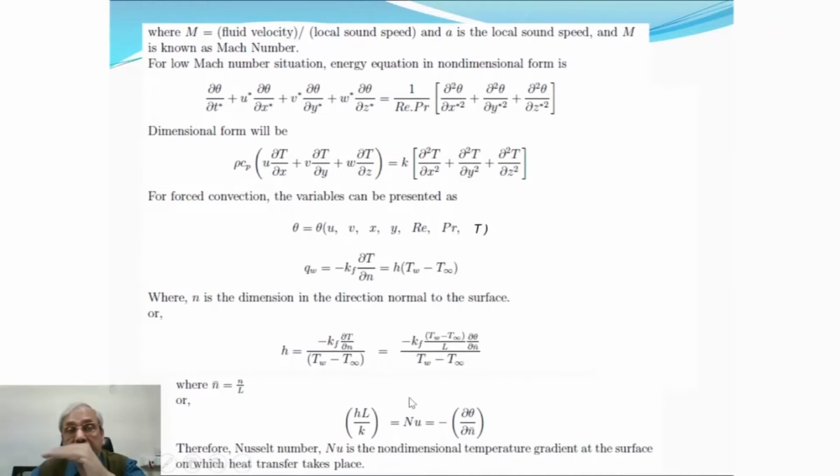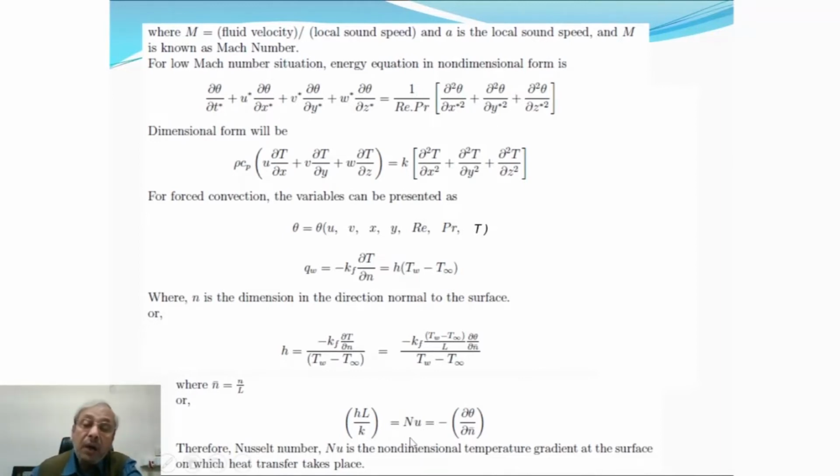So it is basically heat transfer to the fluid layer which is immediately adjacent to the solid surface and which is adhering to the solid surface. And that is why to that fluid film we assign this Nusselt number, and H is the film heat transfer coefficient, L is the length scale, K is the thermal conductivity of the fluid. Again, let me mention, when the thermal conductivity of solid is considered, then it becomes the Biot number.